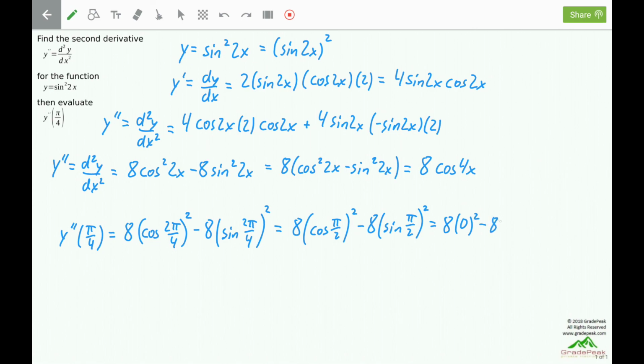And the sine of pi over 2 is a 1, so we'll have a 1 squared. That will give us 8 times 0 squared, which is a 0, minus 8 times 1 squared, which is a 1. 8 times 0 is 0, minus 8 times 1 is 8. And 0 minus 8 comes out to negative 8.